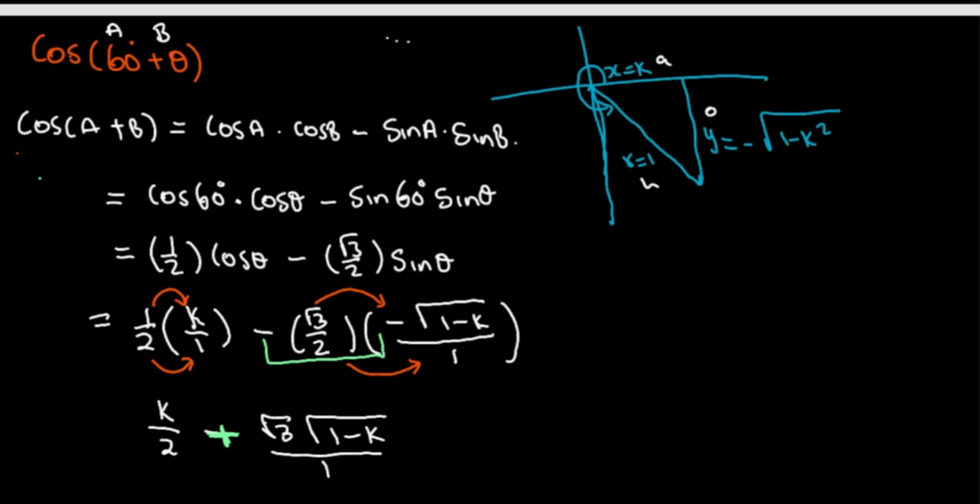Now if we multiply the denominators, it's 2 times 1, so this will be over 2. The denominators are the same, so we can write this as one denominator. The top part will just be k plus √3 times the root of 1 minus k squared.